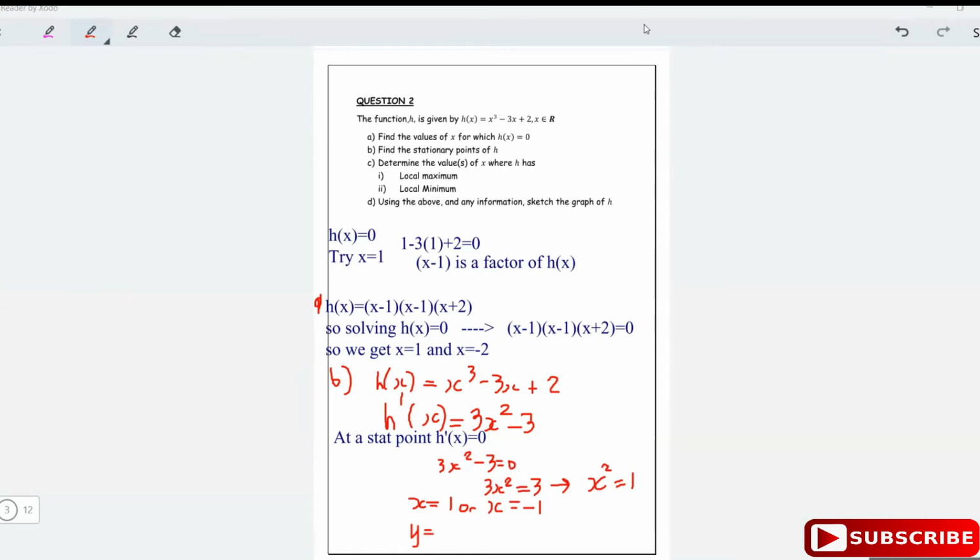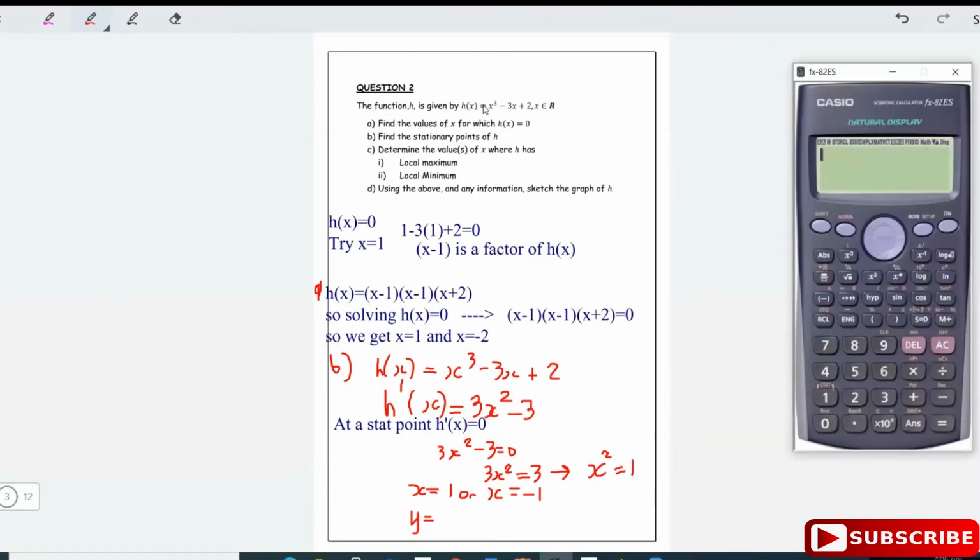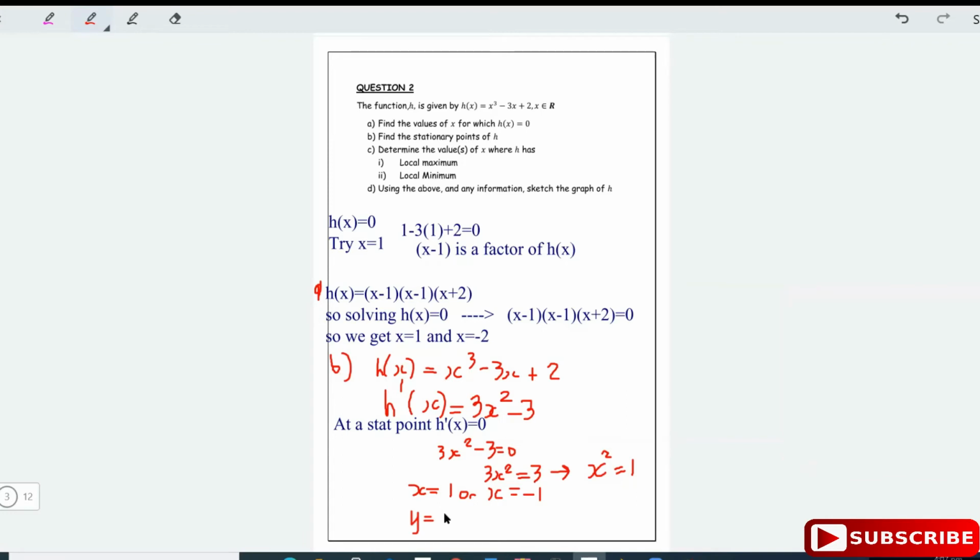So I plug in 1: 1 cubed minus 3 times 1 plus 2. I work this out and I get 0. So when x equals 1, y equals 0.